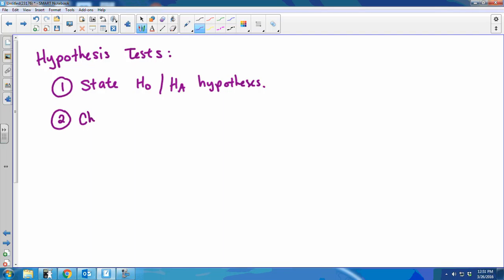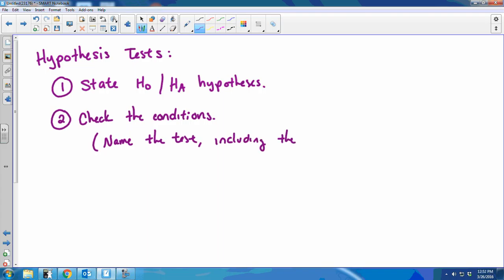Then you want to check the conditions. Again, different conditions for different types of tests. Make sure you know which is which. And with that, you want to name the test. Again, including the degrees of freedom, if necessary. Okay? Then you want to show the mechanics.